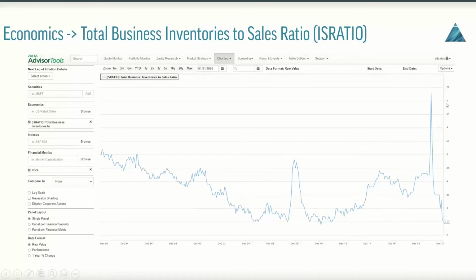So at the peak here during COVID, when COVID first hit and we shut everything down, we literally had 1.7 units of inventories per sale, if you will, which is kind of the way I look at this ratio. And when things start to get lean is when we start getting down here around this 1.25.